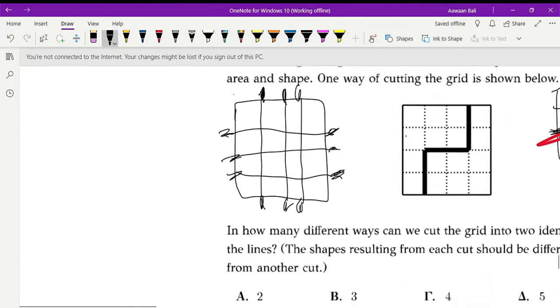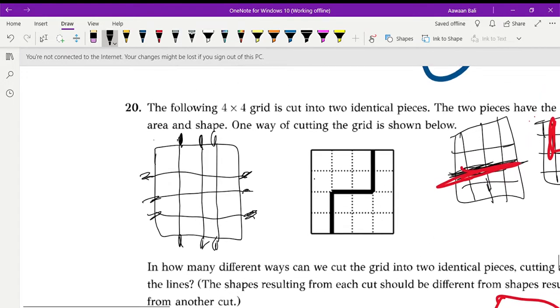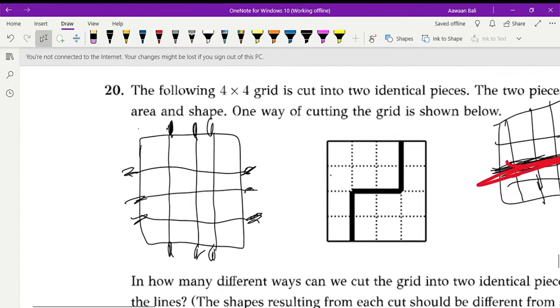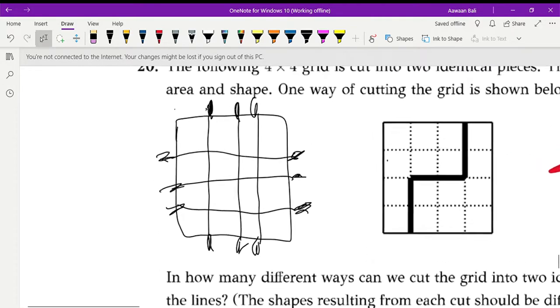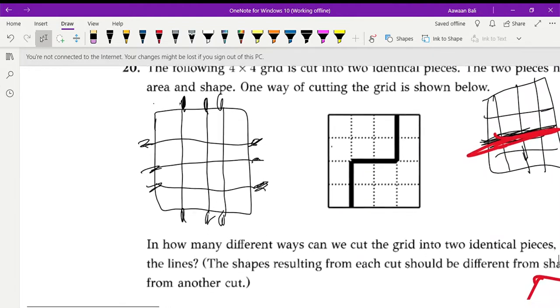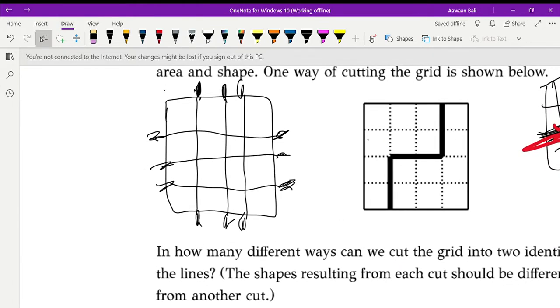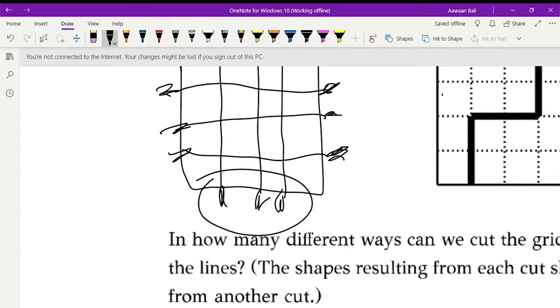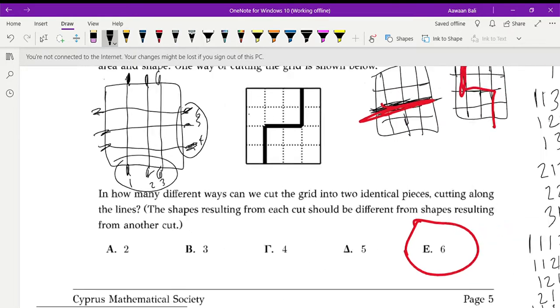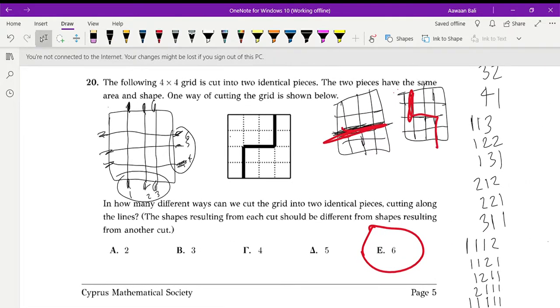So basically, these are all of the points you can connect to make a certain cut. And now we're going to use 2 of these sets, obviously. So we can do this and this. There's 1, 2, 3, 4, 5, 6. It's as simple as that. There are 6 different ways.